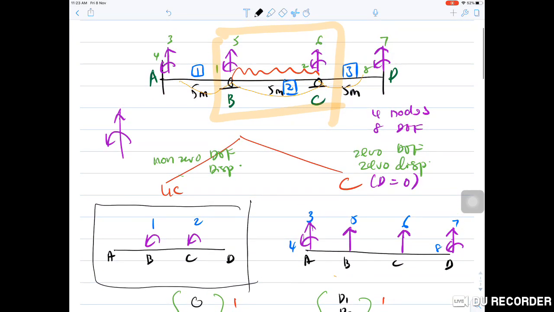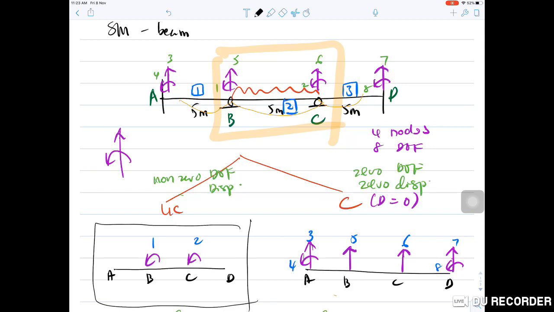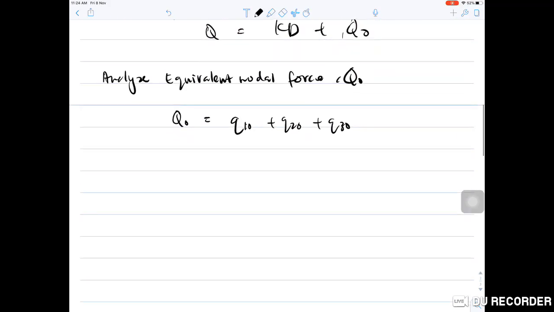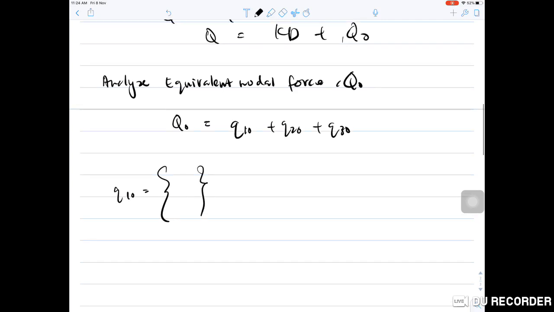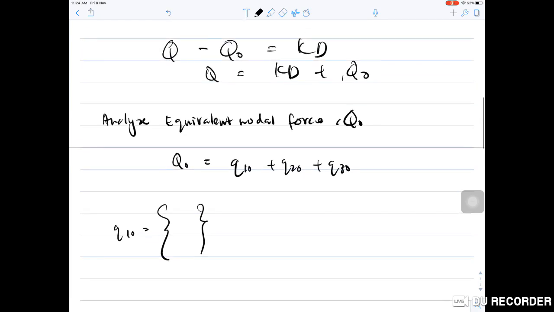For element number 1, there is no applied load along the member at any point on the member. Same as element number 3. So Q1 naught has 4 degrees of freedom because there are 2 at each node.